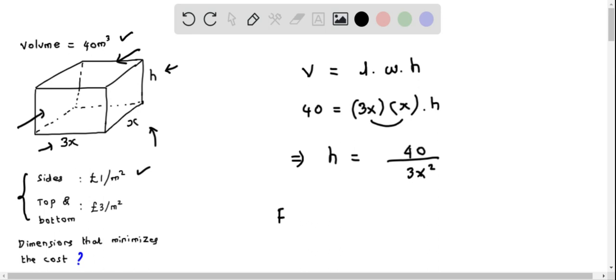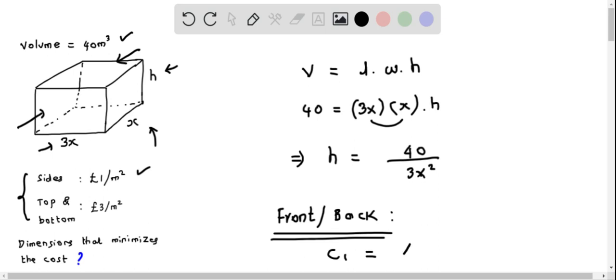So let's write down for front and back. Let's say this cost is C1. So this equals area of the front and the back sides times the cost of the sides.